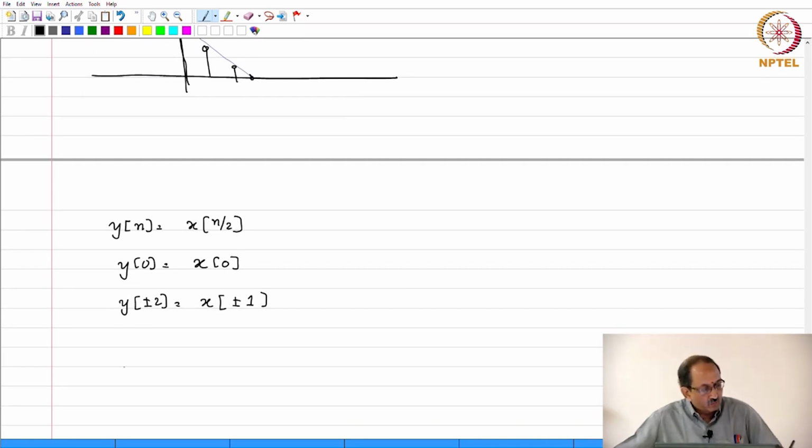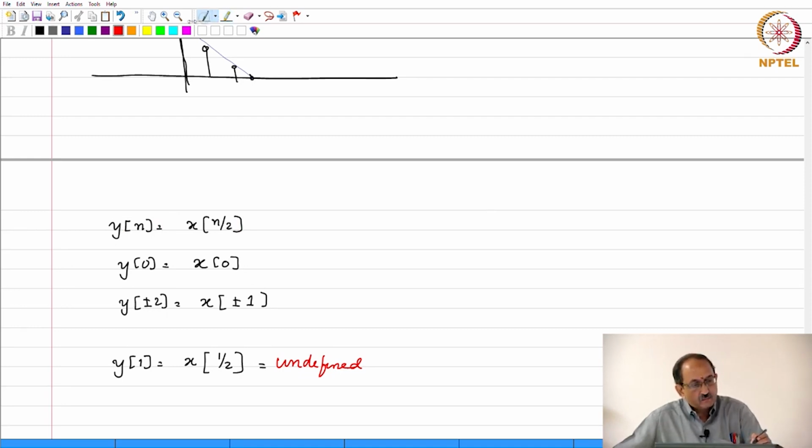But then the moment you talk about y of 1, this is x of half and this of course is undefined. Similarly, all the odd indices are undefined, they are not 0. Given this definition, purely if you go by this, all the odd indices are undefined.